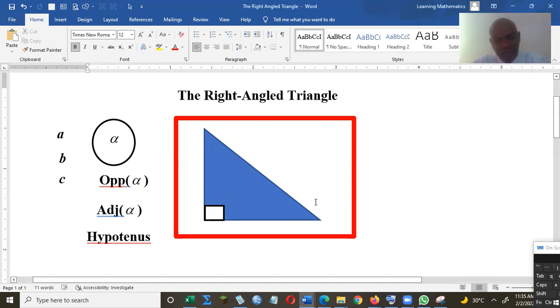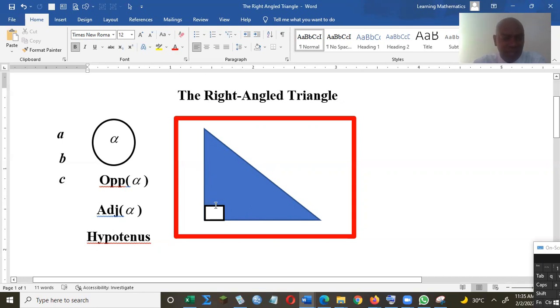So the diagonal is the hypotenuse, and the two sides that form the 90 degrees, their labeling depends on certain factors. For example, if there is a right angle triangle whose acute angles are not labeled, bear in mind this must be two acute angles because the total angles in a triangle is 180 degrees.